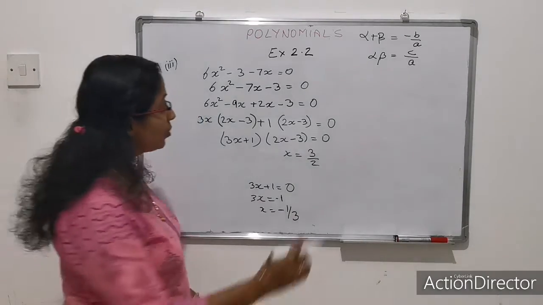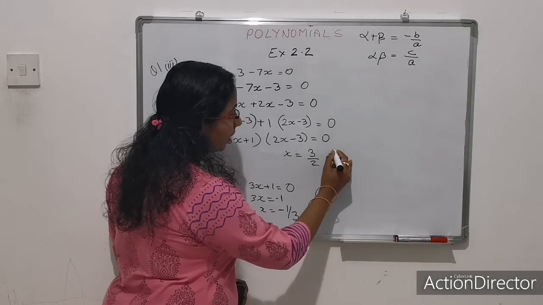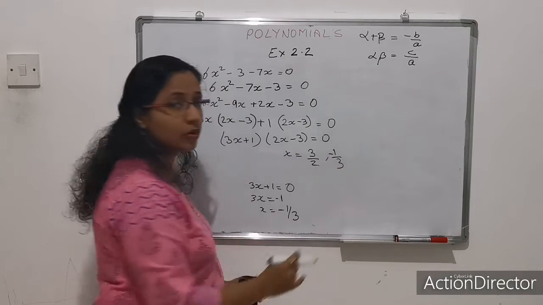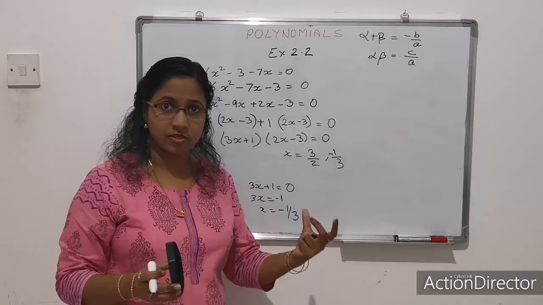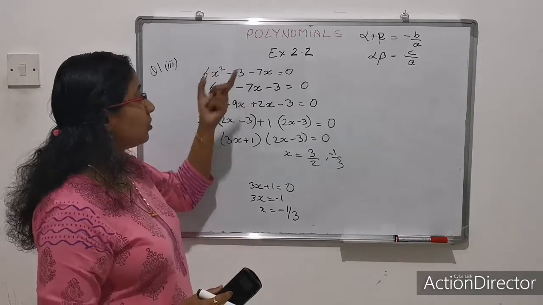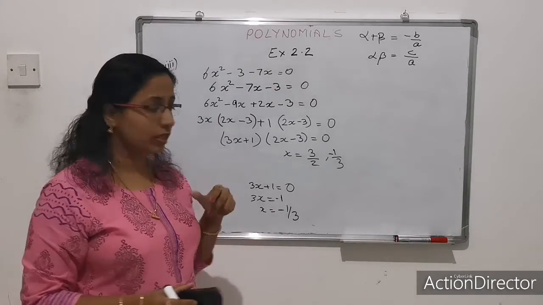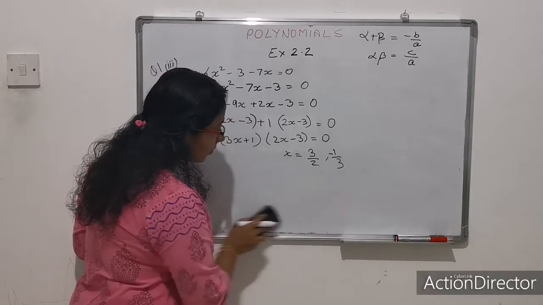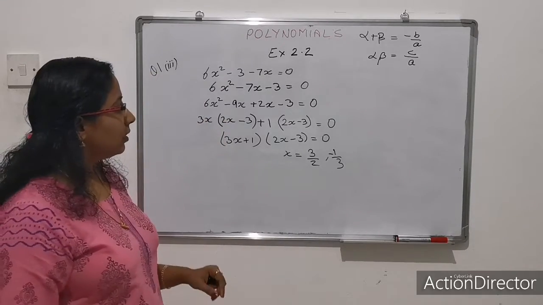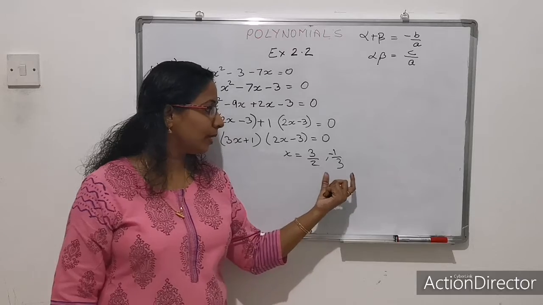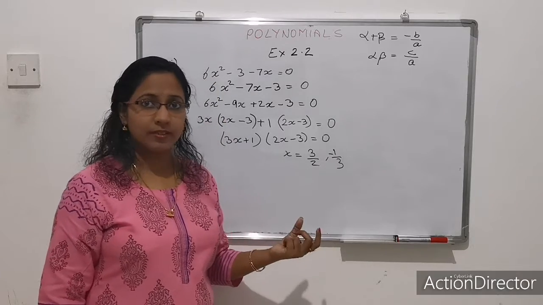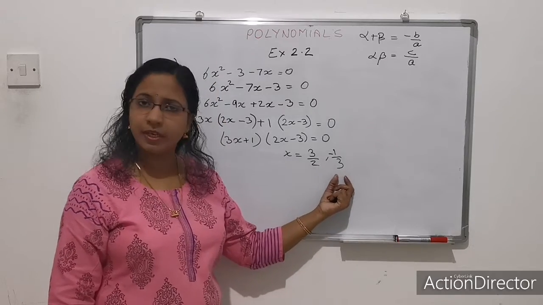So the second zero is minus 1 by 3. The zeros or roots of the equation, both are the same. So x is equal to 3 by 2 and minus 1 by 3. One is alpha, this is beta.